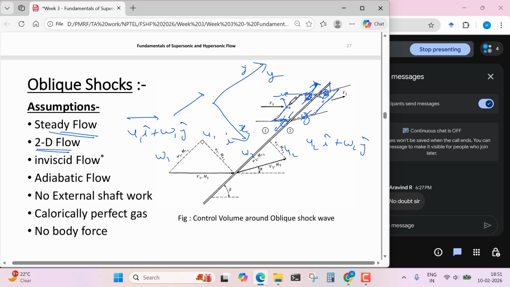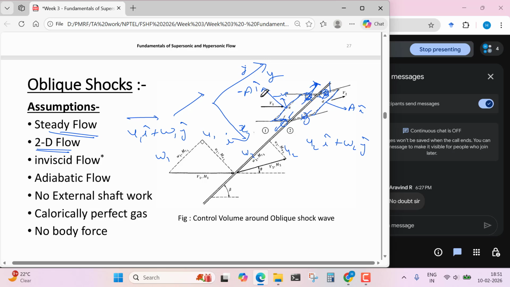And this surface is normal to the shock, and the other is parallel to the shock. So let's say this area is A, so the normal will be minus A i cap, and this surface normal will be A i cap.